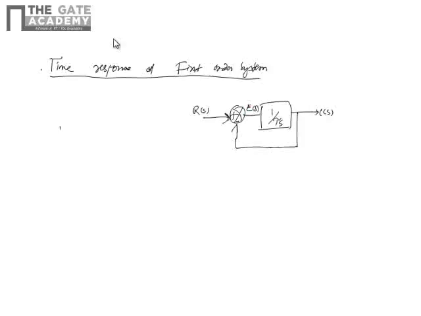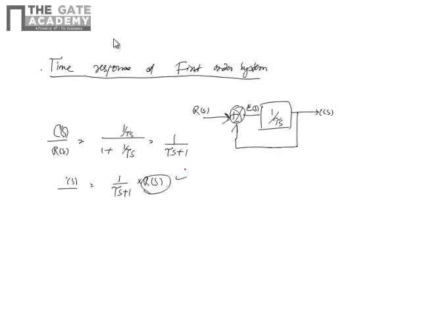To find the transfer function C(s) by R(s), we get 1 by tau s by 1 plus 1 by tau s, that equals 1 by tau s plus 1. Now C(s) equals 1 by tau s plus 1 into R(s). If I change the input R(s) for various signals like unit step or unit ramp, we'll see the system response and steady state error.